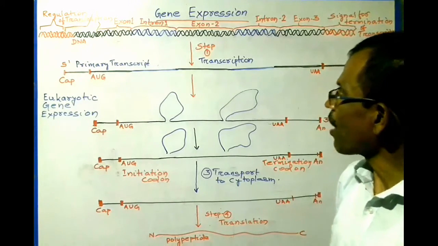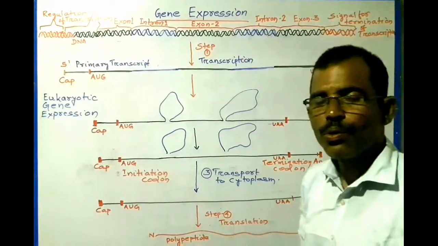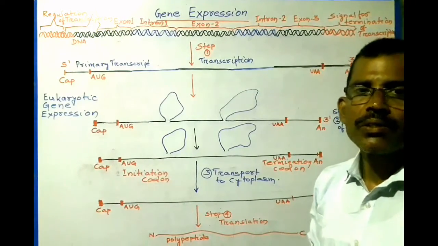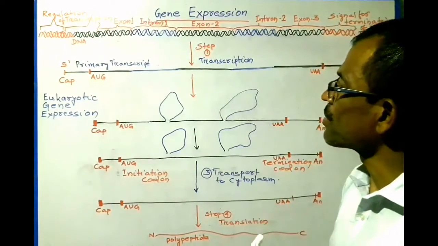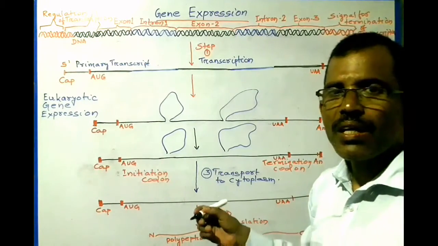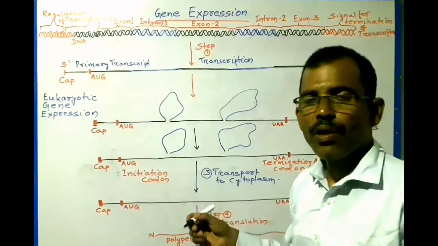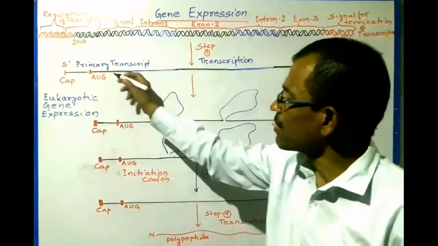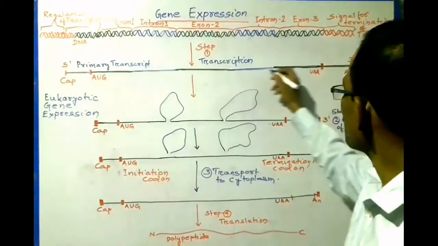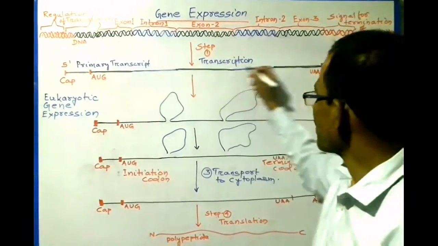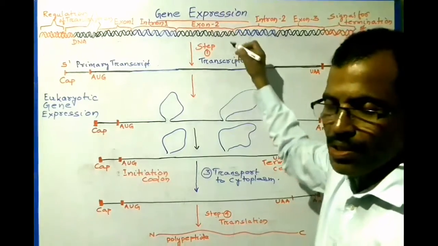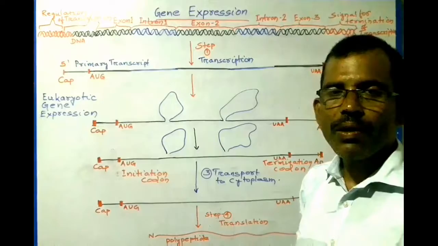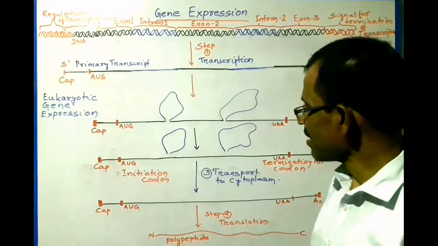In case of eukaryotes, the process of gene expression is relatively more complex compared to prokaryotes. In eukaryotes, transcription occurs in the nucleus. A single strand of a double-stranded DNA molecule is used as a template for the synthesis of a complementary strand of RNA. The strand which is used as a template is known as the non-coding strand, antisense strand or template strand.